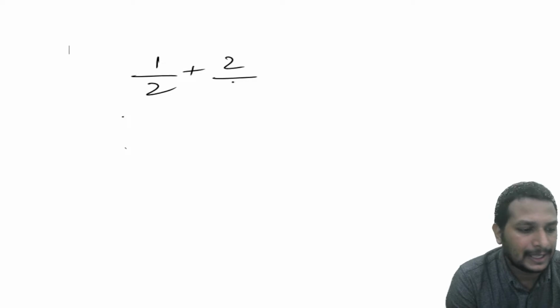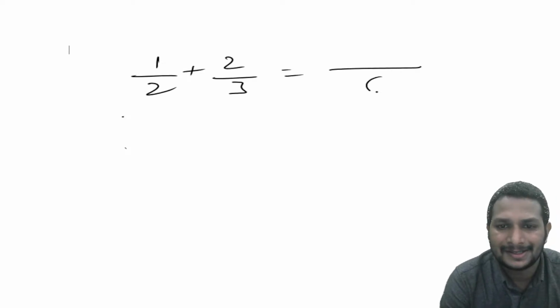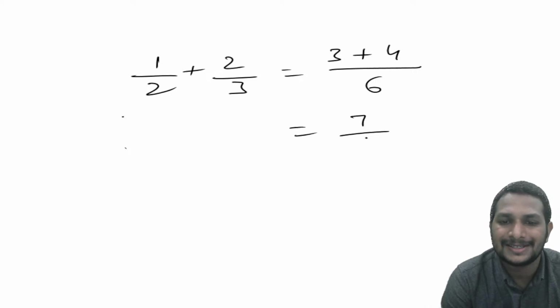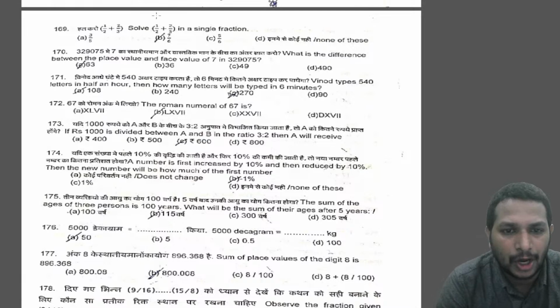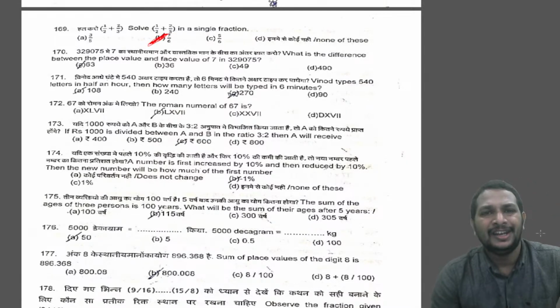I take out the LCM, 6. 3 plus 4 gives 7 by 6. So the answer for this question is 7 by 6, which is nothing but option B.